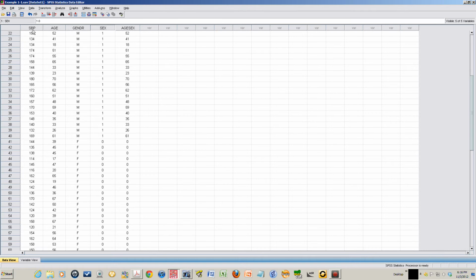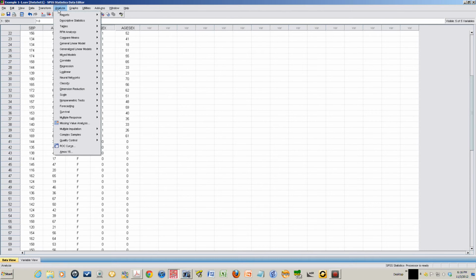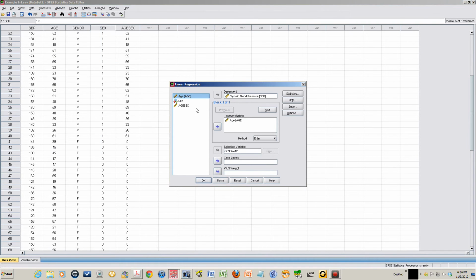It consists of systolic blood pressure as a dependent variable, and age, sex, and this interaction as independent variables. So I click on analyze, and this time I click on regression, linear. Systolic blood pressure is fine as a dependent variable. Age is fine as an independent variable.